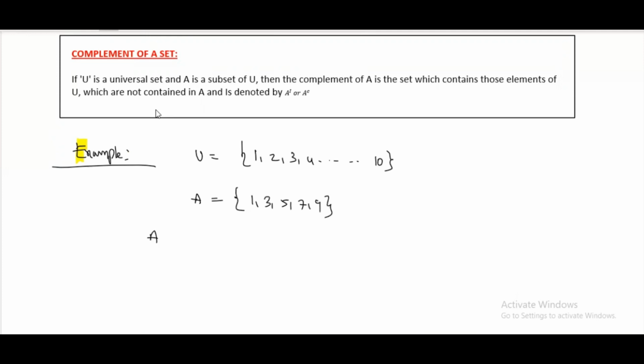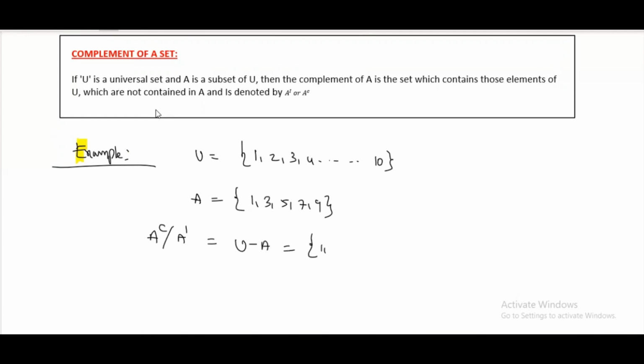Generally the complement of A is denoted with A power C or A dash also. A complement is U minus A, meaning we should subtract the subset A from U. We have to take the difference of U and A.